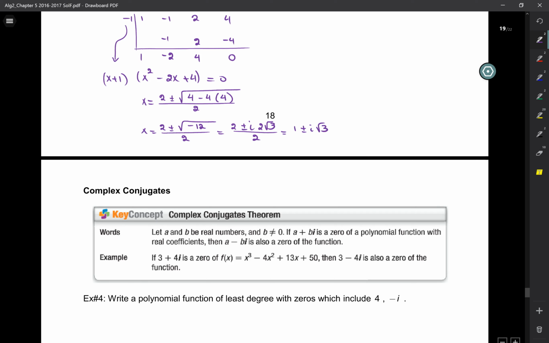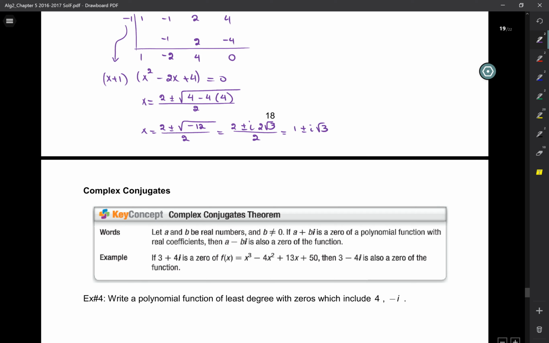Now, okay, so let's talk about complex conjugates. A complex conjugate is sort of like a partner for your complex numbers. Remember, I always say imaginary numbers always come in pairs.